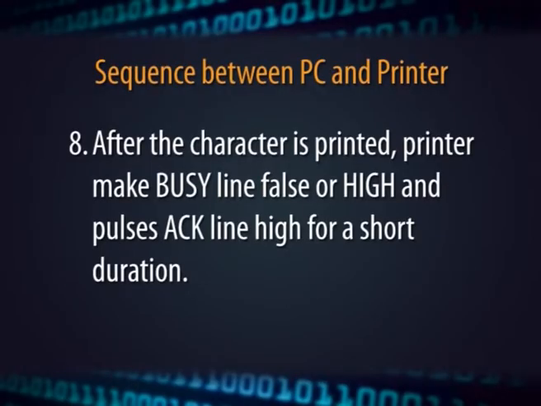All this time the busy line is 0 and the PC waits for the printer to become not busy. 8. After the character is printed, the printer makes the busy line false or high and pulses the acknowledge line high for a short duration. Note that strobe is a pulse from the PC to the printer, while acknowledgement is a pulse from the printer to the PC, confirming that it has received the character sent.